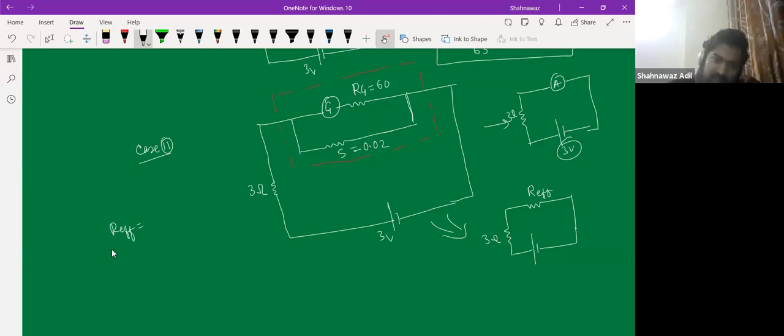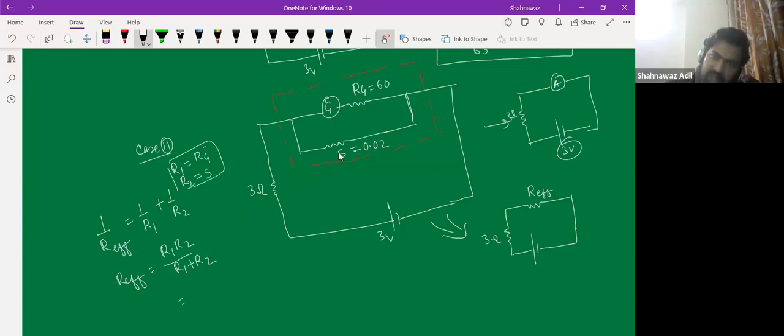This is the parallel connection, right? For two resistances, we can directly write R effective as R1 R2 divided by R1 plus R2. R1 is RG and R2 is S. If we use these two, what do we get?